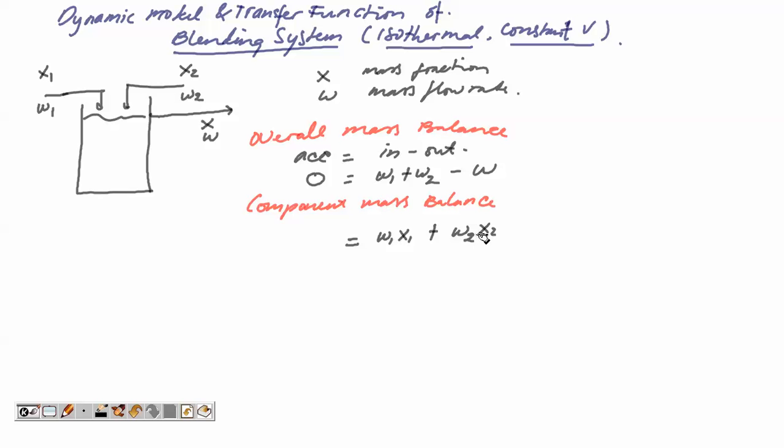Similarly, in stream 2 it is W2 times X2.